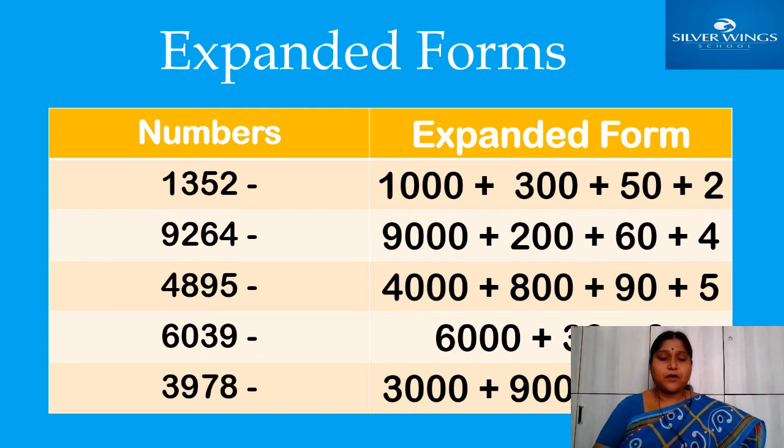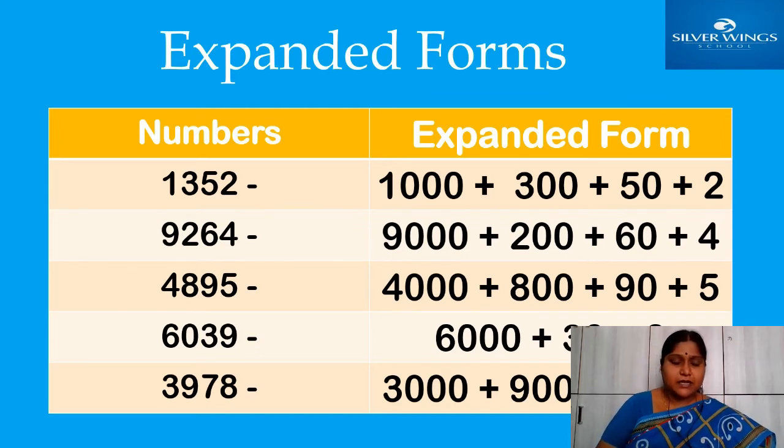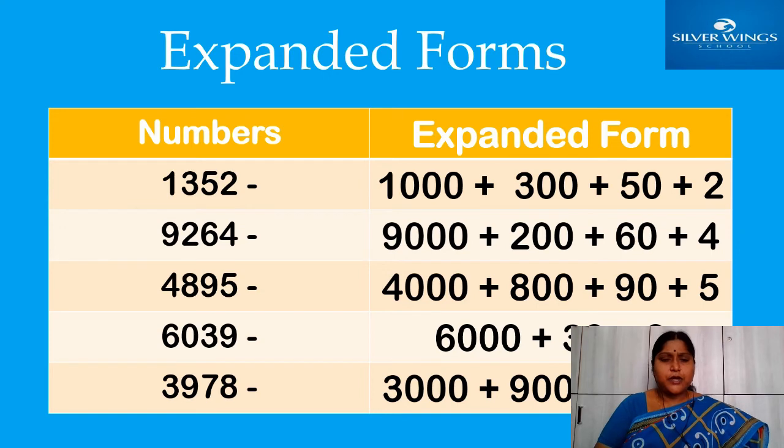6039. If you observe the number, there is nothing in the hundreds place. There is 0. 0 means nothing, so no need to write that place value in the expanded form. Which digit is in the thousands place? 6. So you should write 6000 plus, no need to write the hundreds place. Next go to the tens place only. 3 is in the tens place.